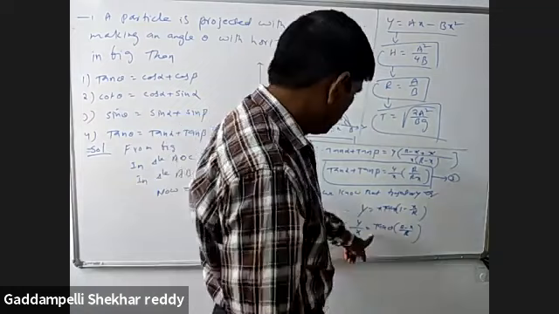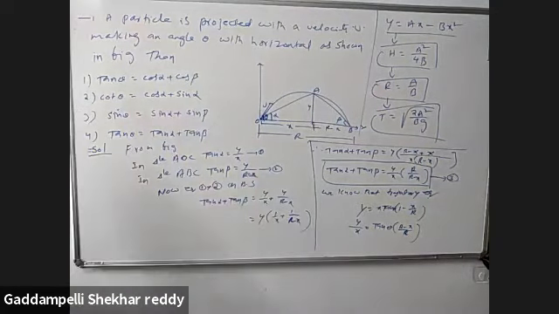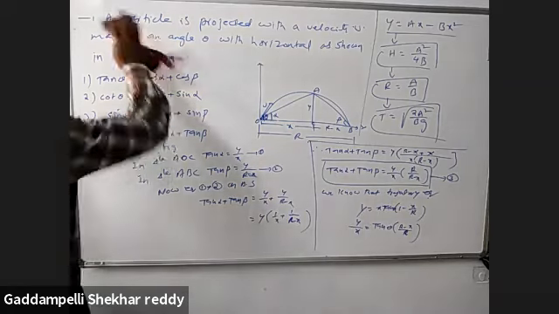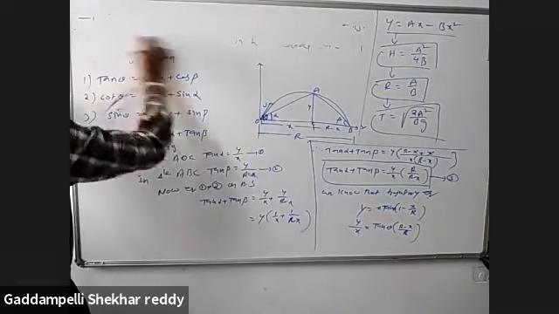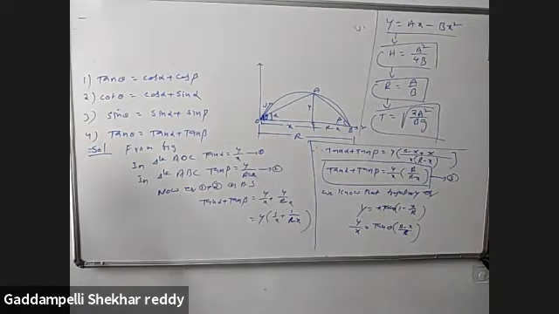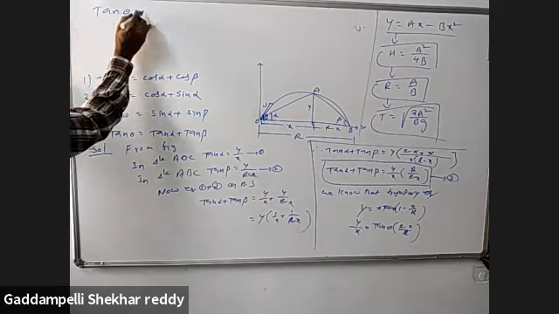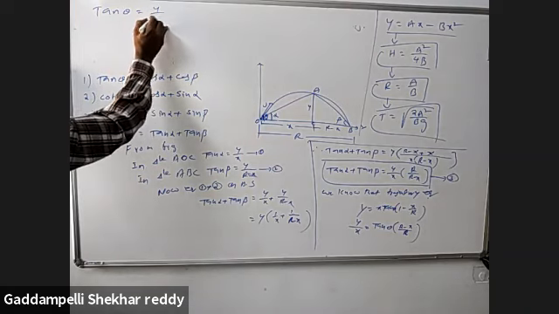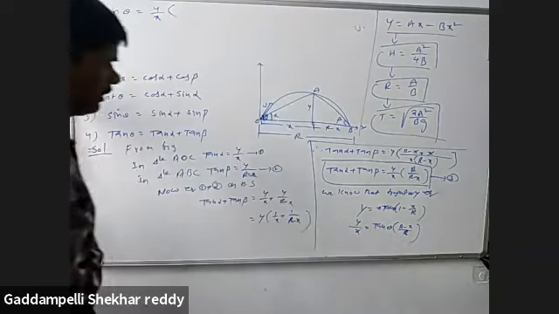So now tan theta is equal to, from this equation, y by x. Transferring this side, r by r minus x.